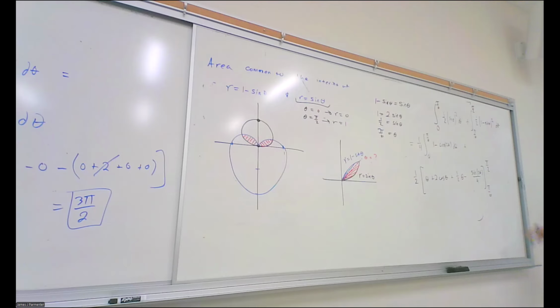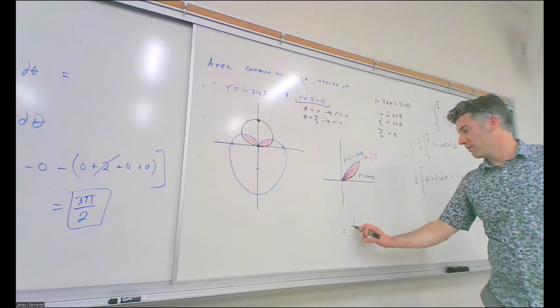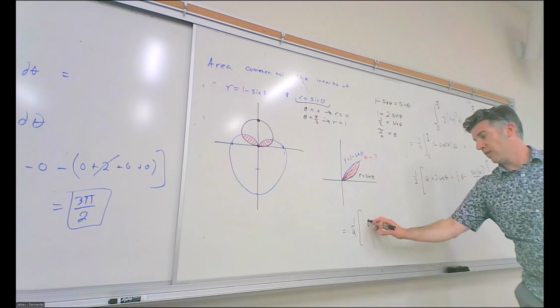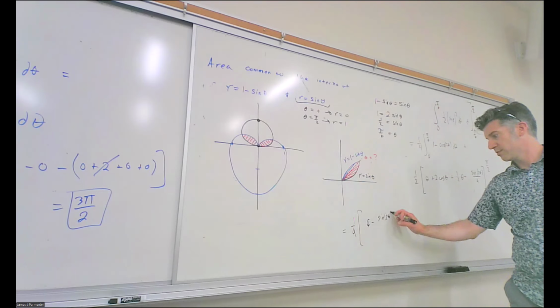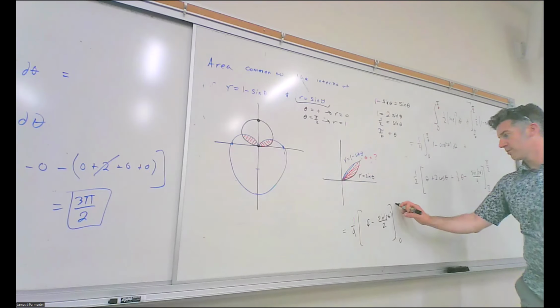So we can do it though. This part here, it's going to be 1/4 times, integrating this, we're going to get theta minus sine of 2 theta over 2, evaluated from 0 to pi over 6.